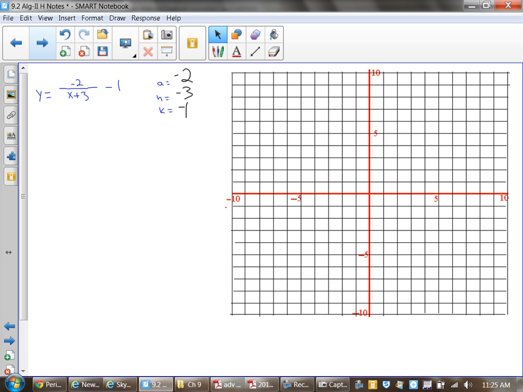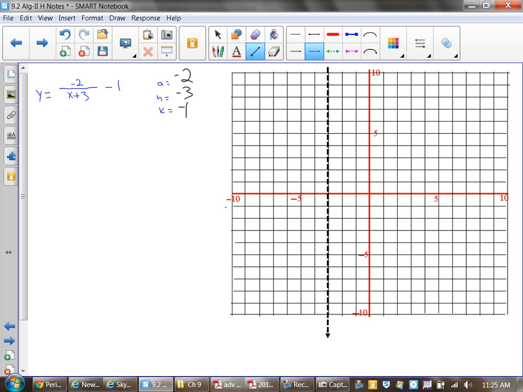First thing you do when you graph these things is you put your asymptotes in. My asymptote's at -3 and -1. It's probably a little clean. I'll shut this off. You see that better now? Yeah.